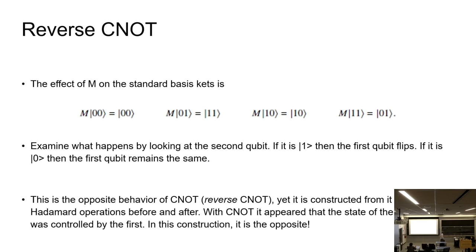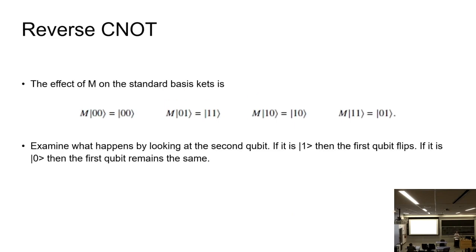So M is generated by composing the Hadamard gate and the CNOT gate, and it makes this new operation that's the opposite of CNOT. With our CNOT gate, like we saw, our condition was if the first qubit is 1, then we flip, and here it's the opposite.